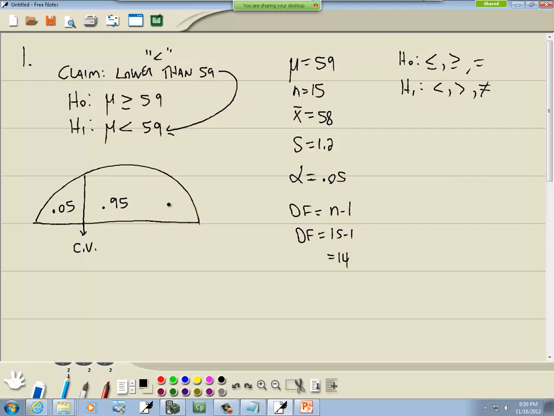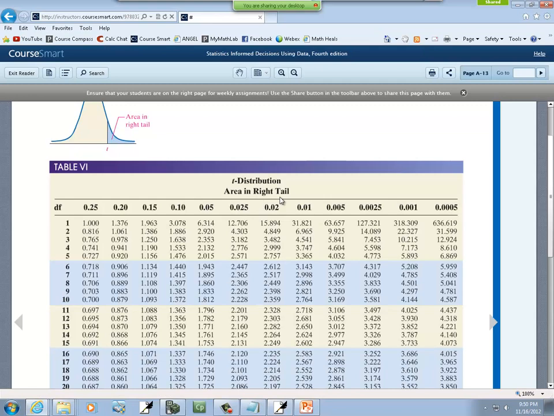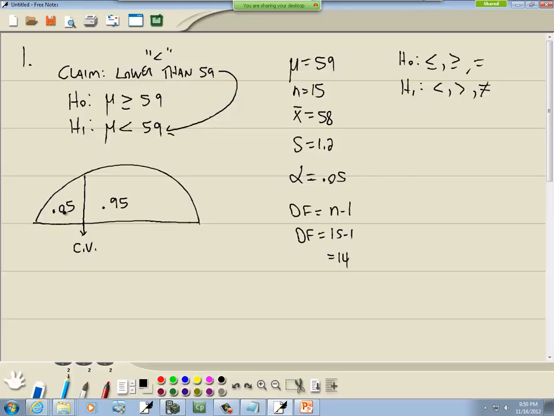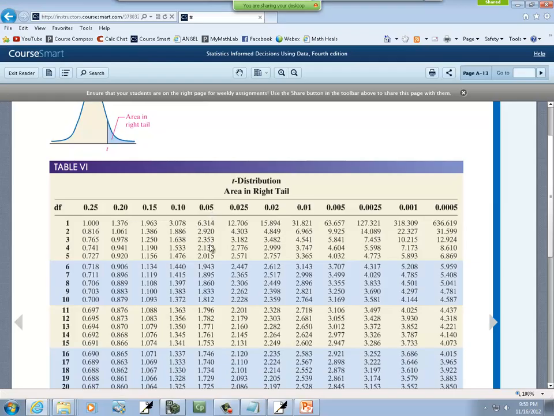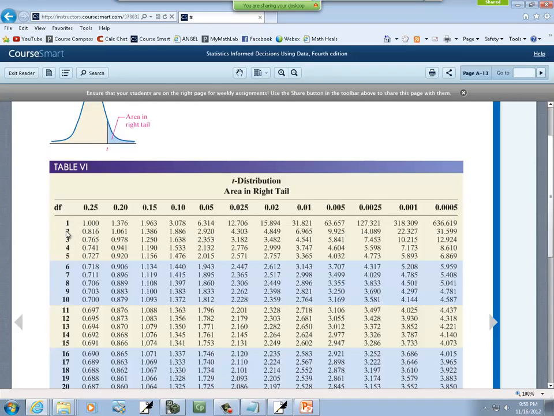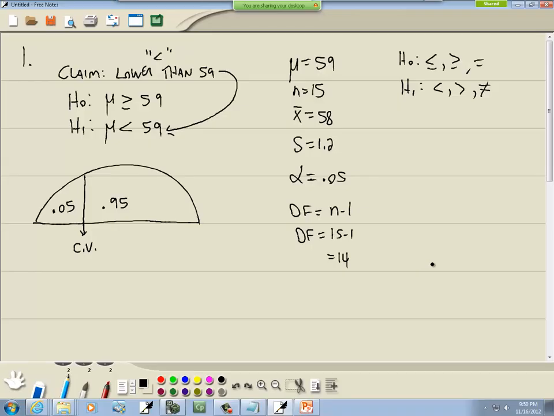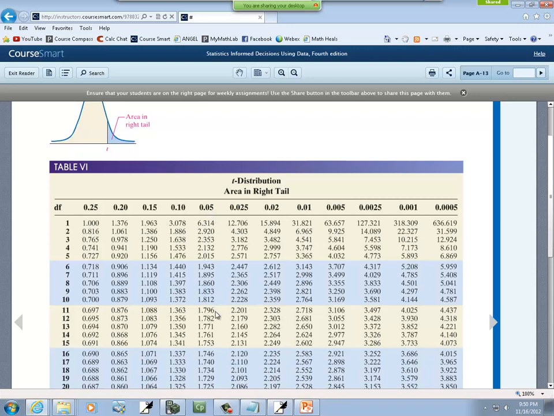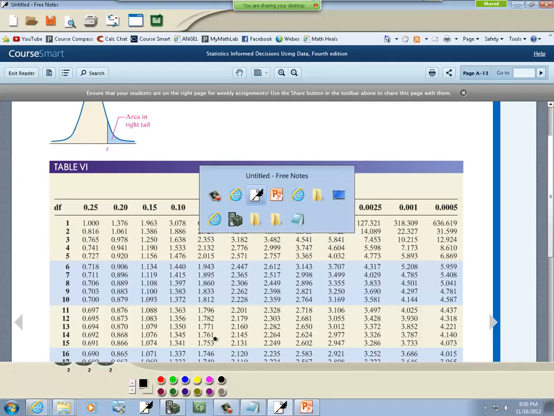We don't have a right tail here, do we? Well, this is 0.05, so I'm going to look in the column for 0.05. And our degrees of freedom is 14, so I come over here on the left-hand side, looking for 14, which is right here. So for 0.05 and 14, we get 1.761.